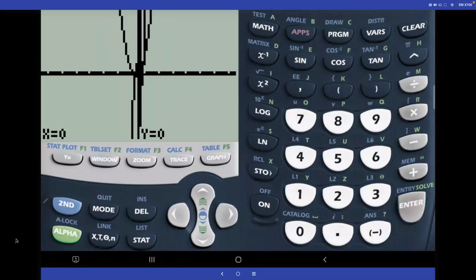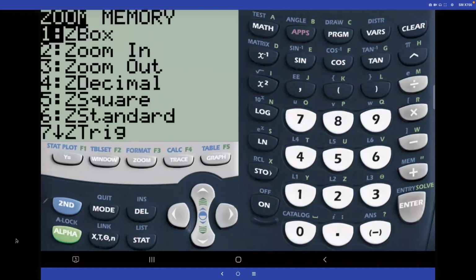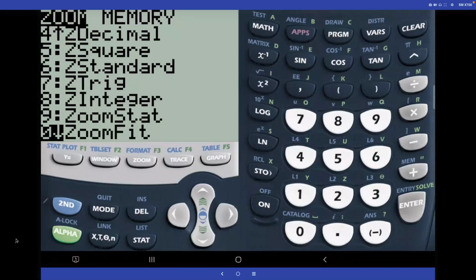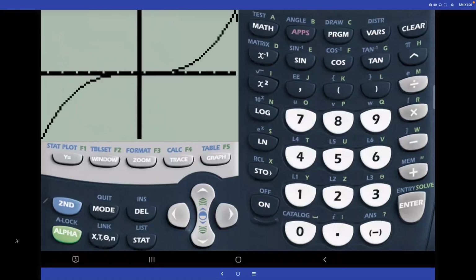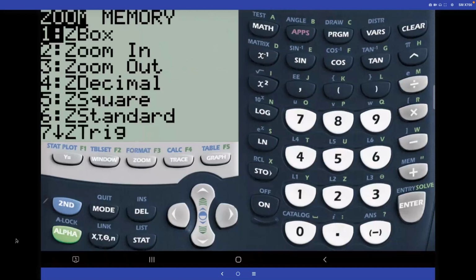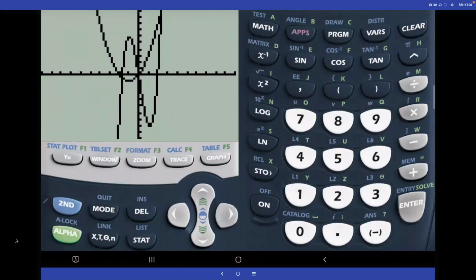Here's another trick you can do too. Doesn't always work, but under zoom, there's a zoom fit. Choice 0 is zoom fit. Your calculator tries to guess what the important points are. Like I said, doesn't always work. Sometimes it does. So I'm going to go back here and just go up higher on the y-axis.